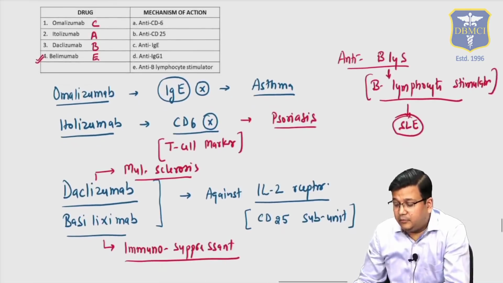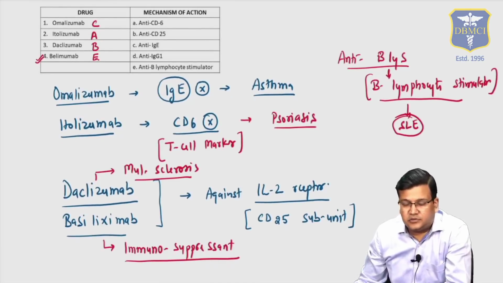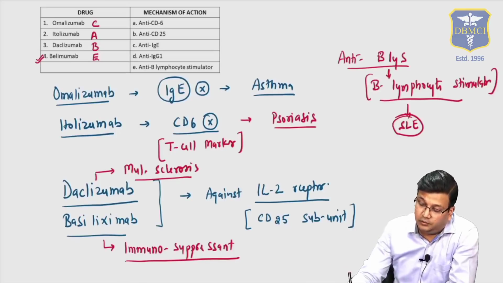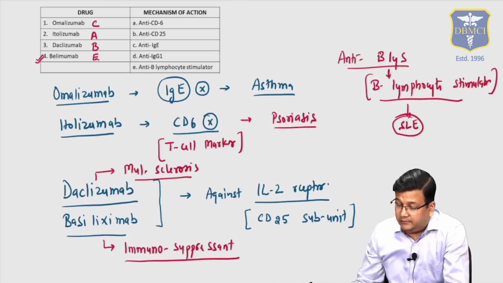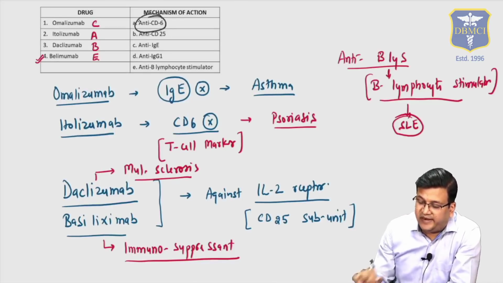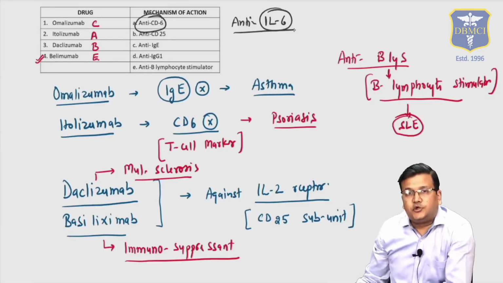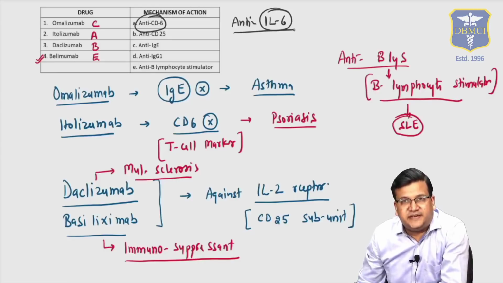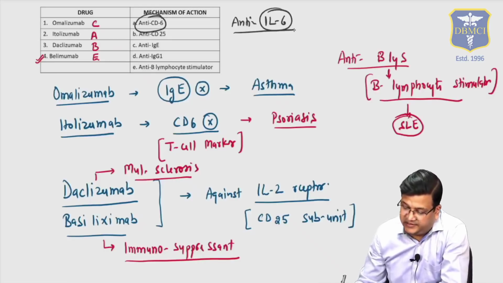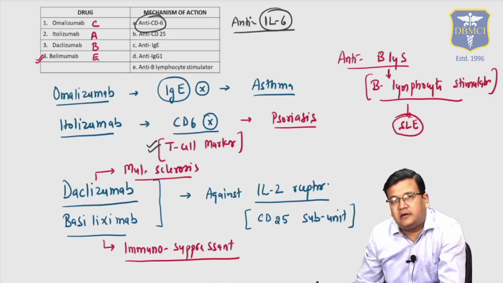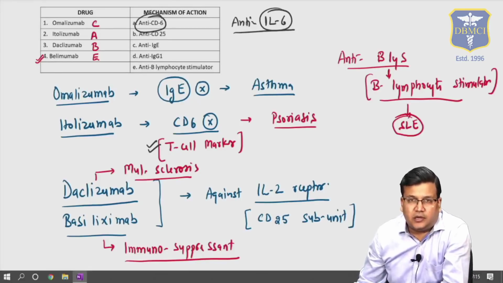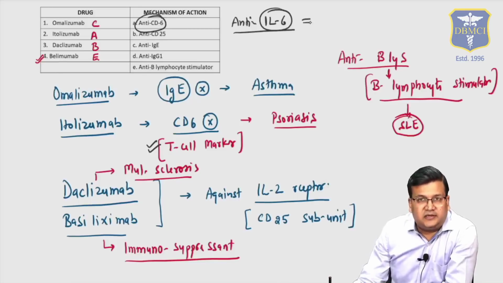Now, there are many other antibodies which should be known and we will post a video about that, but here one important thing which is a source of confusion should be known. What is that? Anti-CD6, some students have confused this with anti-interleukin 6. So, interleukin 6 is different and CD6 is different. CD6 is an antigen, a T cell marker, and interleukin 6 is a cytokine. Now, we have an antibody against interleukin 6 also.